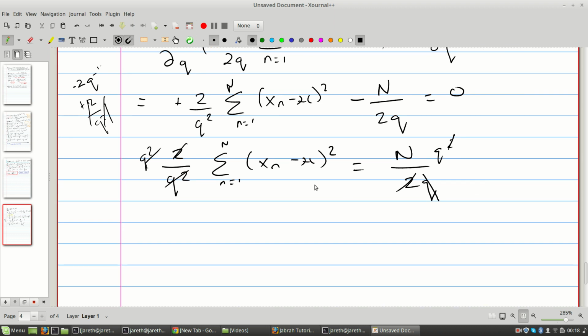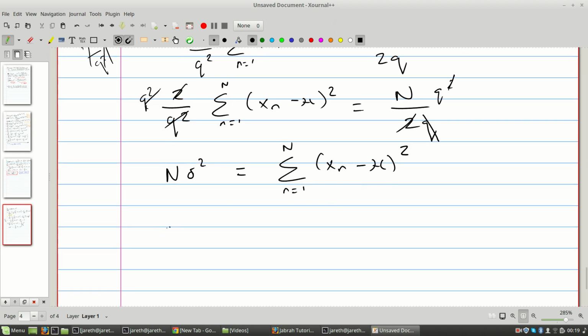But we said q is sigma squared, so that means we have N times sigma squared being equal to the summation from n equals 1 up to N of (xn minus mu) squared.